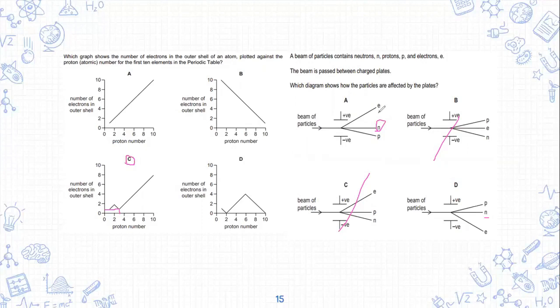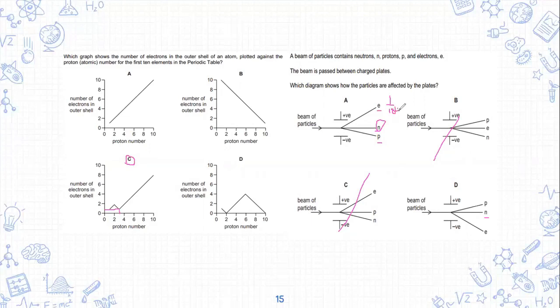Electrons carry a negative charge, so they are always going to be deflected towards the positive plate. This is the positive plate, which is why electrons have been deviated over there. Now if I talk about the deflection angle, protons are much heavier as compared to electrons. Relative mass is heavier. Protons have a mass of 1, whereas electrons have 1 upon 1840 mass, which is very small. They are negligible in weight.